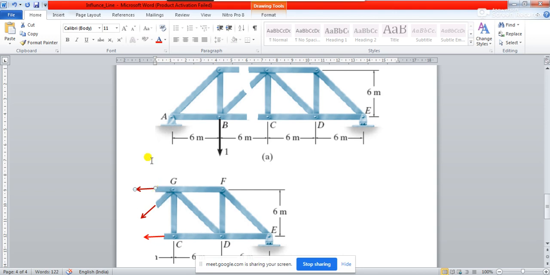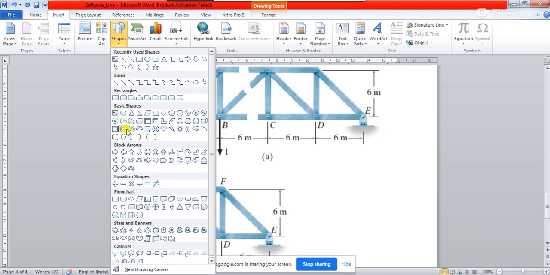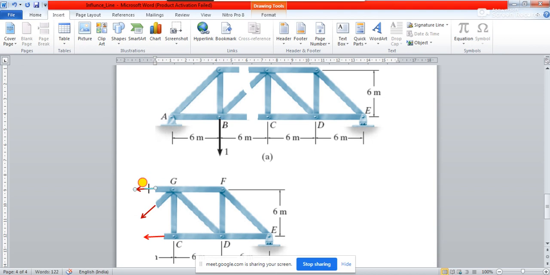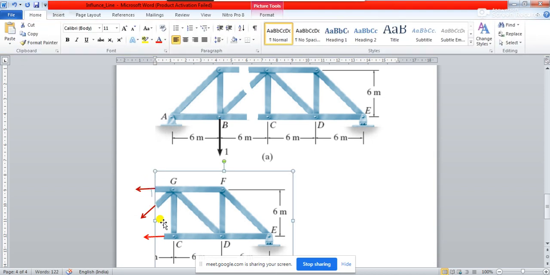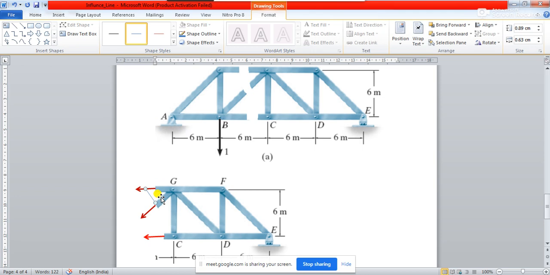So if I can show it here, just showing it with a straight line, this angle is going to be actually 45 degree.